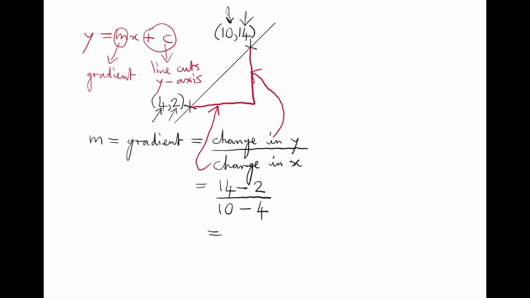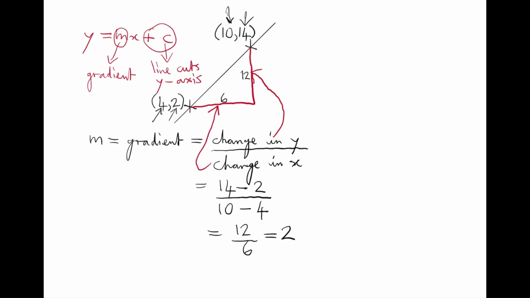So we end up with 12 as the change in the y values and 6 as the change in the x values. The vertical length there is 12 and the horizontal length is 6. So this gives us a gradient value of 12 divided by 6, which is 2.